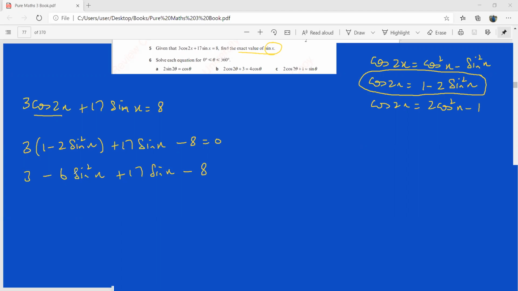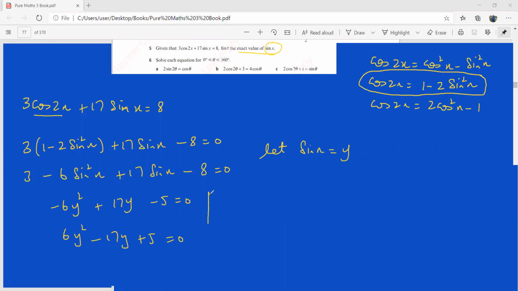If you're afraid of this form of the equation, you should immediately say let this sine x equal to anything. Let's put that equal to y. So this is going to be 3 minus 8, which is minus 5, and 17 sine x is going to be 17y, and this is minus 6y squared. We can write it as 6y squared minus 17y plus 5.